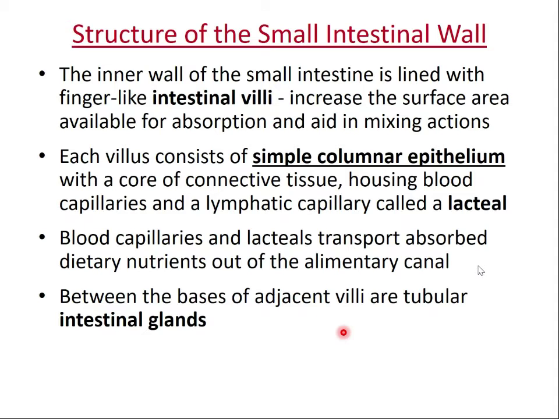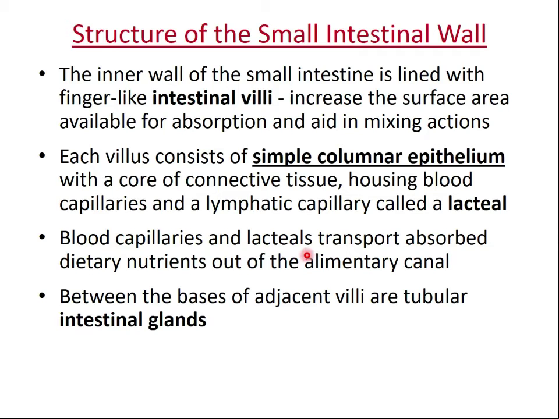Each of these villi consists of simple columnar epithelium, and they contain connective tissue that houses blood vessels and lymph capillaries, called lacteals, within these villi.